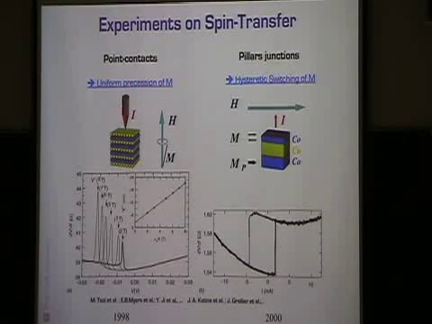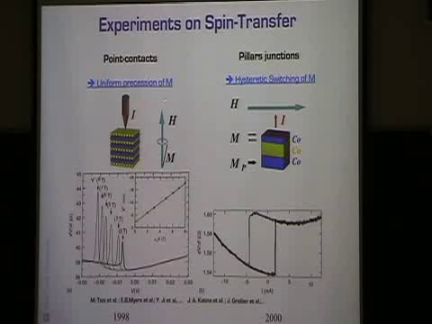These are the first experiments on spin transfer were simple experiments. People took a multilayer and they put a tip into the multilayer to have a high current density, which is a well-known way of doing spectroscopy. This was done in Grenoble first by Maxime Soy.